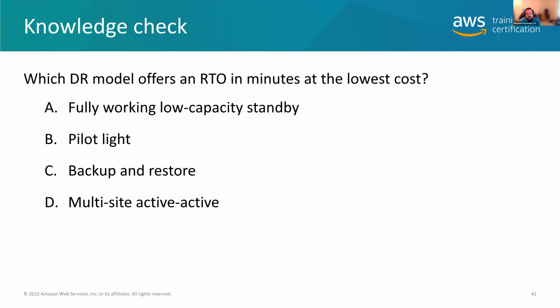It is tens of minutes, right? But it is minutes, right? You can make an argument for the fully working low capacity standby as well, but it is tens of minutes at the lowest cost. Okay.